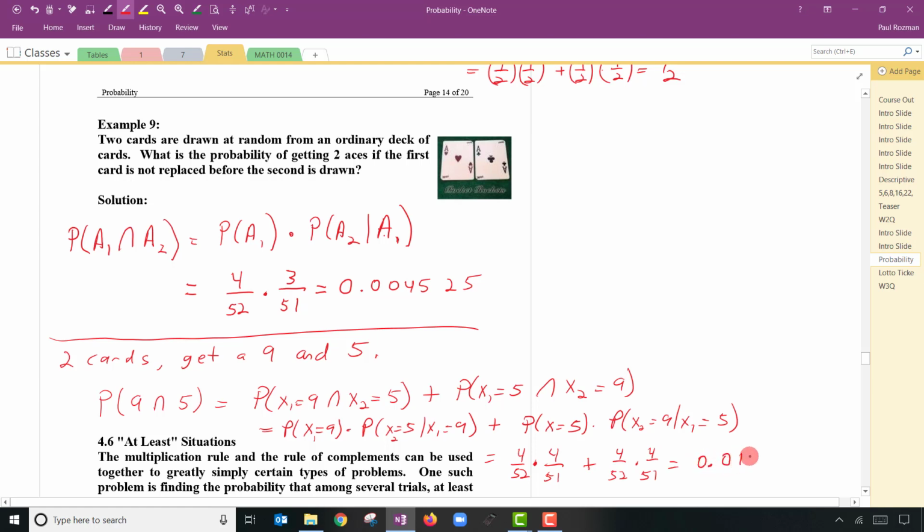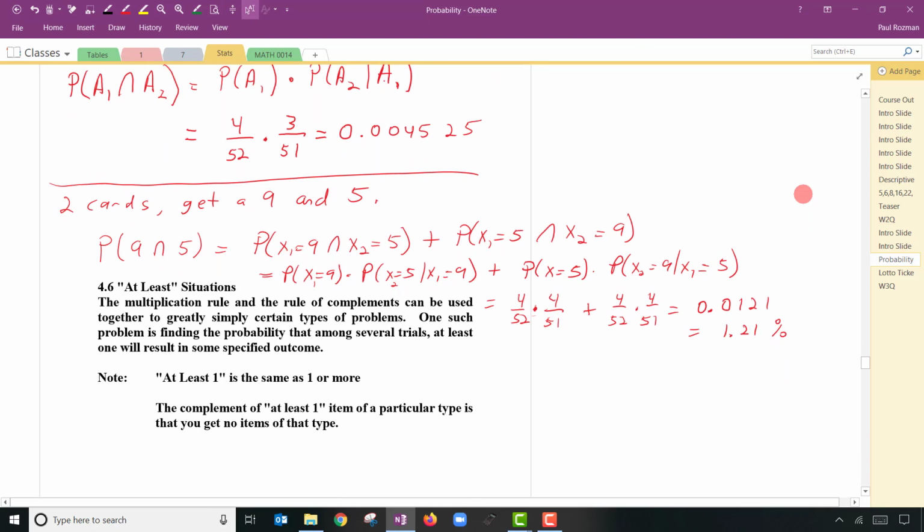It's 0.0121. You could leave your answer as a fraction or as a decimal, or you can convert this to percent, whichever form you prefer. I just find that if the fractions are something I can't obviously look at, I often will go to decimal. You know, if it ends up being 1/3, I just leave it as 1/3.